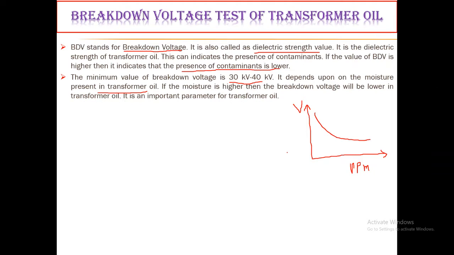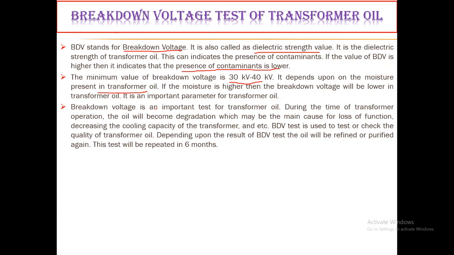So the water content or the moisture plays a very important, crucial role in the performance of the transformer oil when it is subjected to electrical stresses.